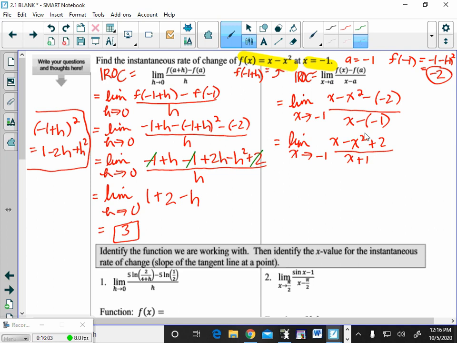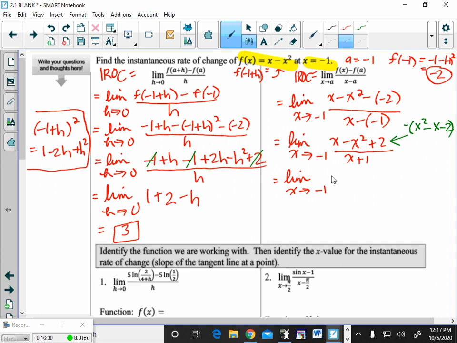Let's see what we have here. Right there, we have a negative we could factor out, and let's rearrange. So this right there is the opposite of x squared minus x minus 2. Negative x squared plus x plus 2. So that will help us on this next line of work.